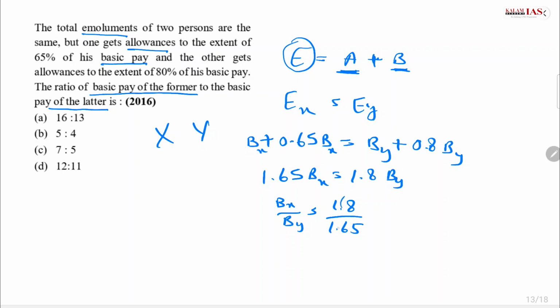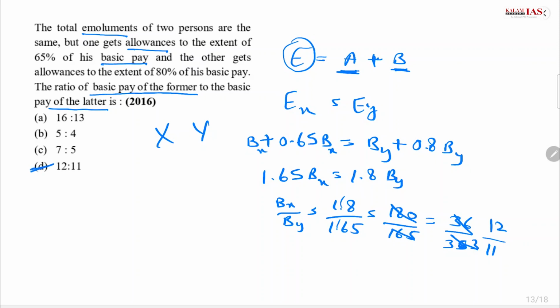Let's simplify it. 180 by 165. Dividing by 5, we get 36 by 33. Further simplifying this, we get 12:11.